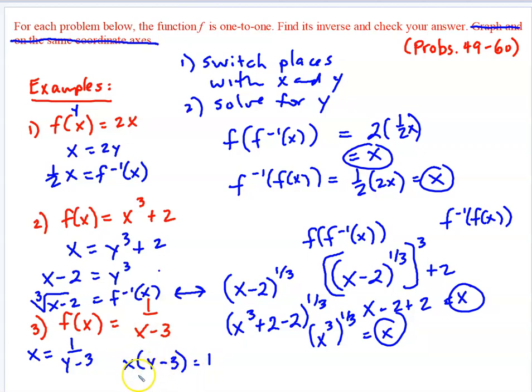And I'll go ahead and distribute the x. I'll add 3x to both sides. And then I'm solving for y, so I'll divide by x on both sides. And that will get y by itself, and so I'm going to call that the inverse.